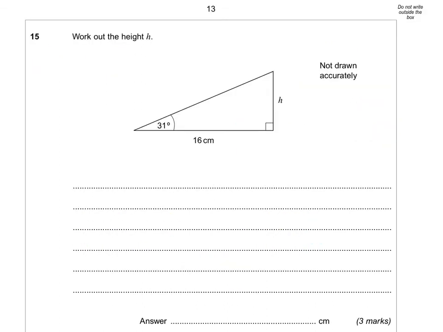Question 15. Work out the height h in this triangle. Now this is a right angle triangle. We've got a side length of 16 centimetres and we have an angle of 31 degrees, which means this is a trigonometry question. I'm going to start by labelling up my triangle. This side here is the opposite. This is the hypotenuse. And this side here is the adjacent.